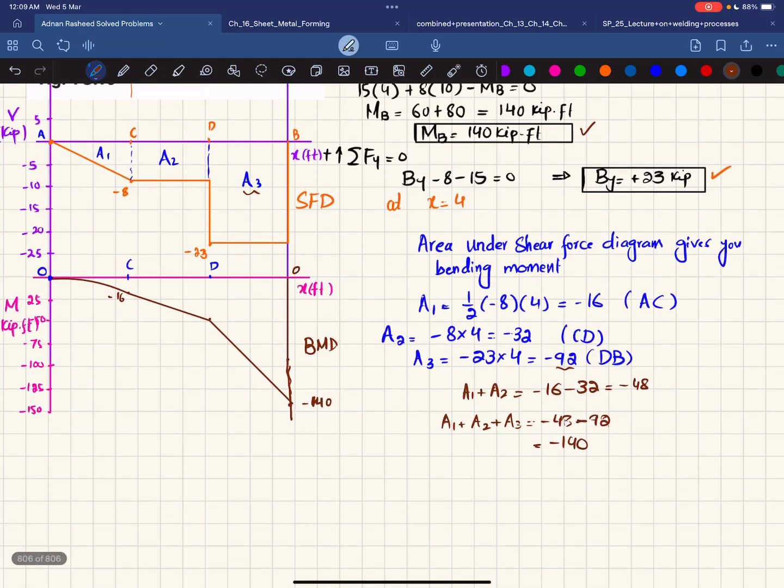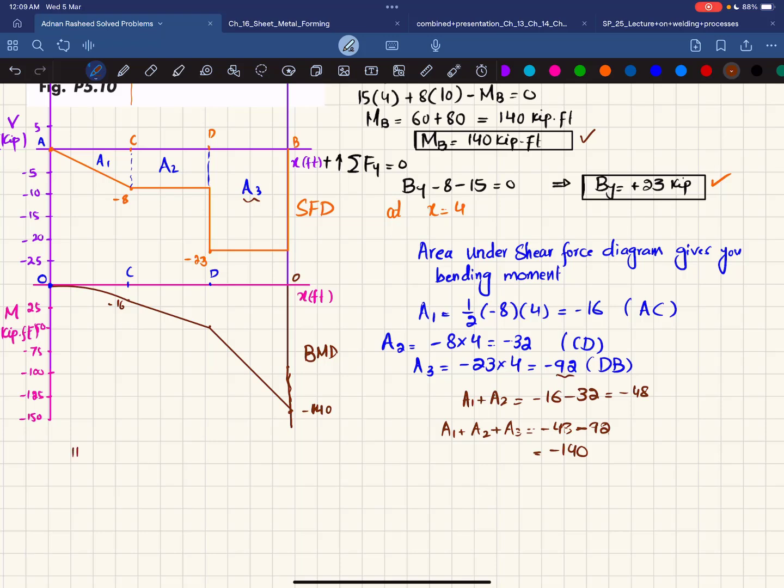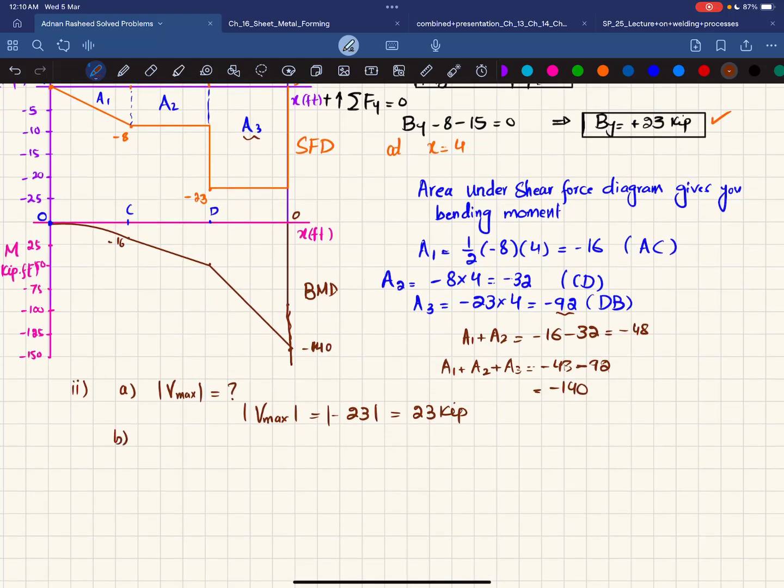So for the second part, in part A, we have to determine the absolute value of maximum shear force. So you can see here the maximum shear force is 23. Clear? So I can write V max absolute value is equal to minus 23, and that will be equal to 23 kip. And for part B, we have to find the maximum absolute value of bending moment.